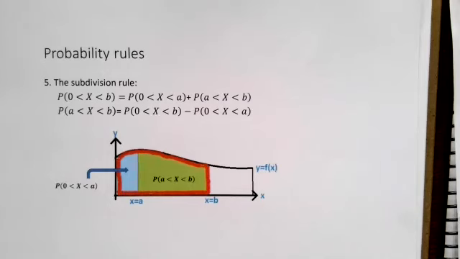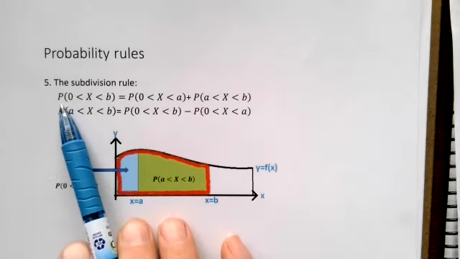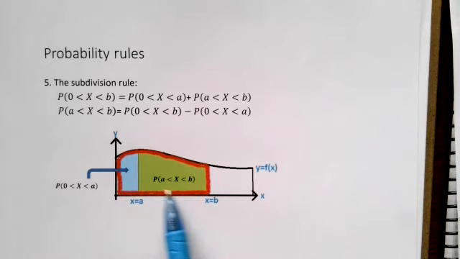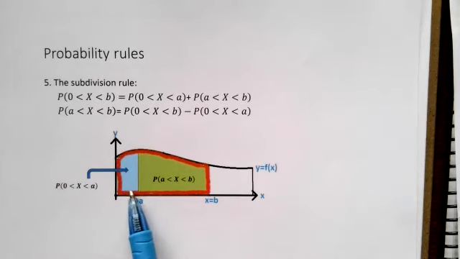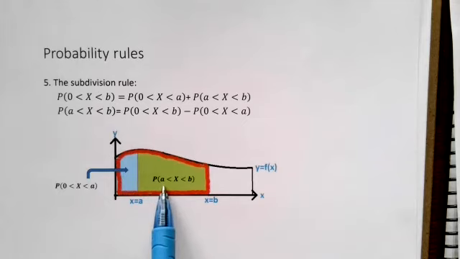And one more probability rule, the subdivision rule. So basically, it says that the probability of x between 0 and b, this area highlighted in red, is equal to the probability of x being between 0 and a, that's the blue area, plus the green area, which represents the probability that x is between a and b.